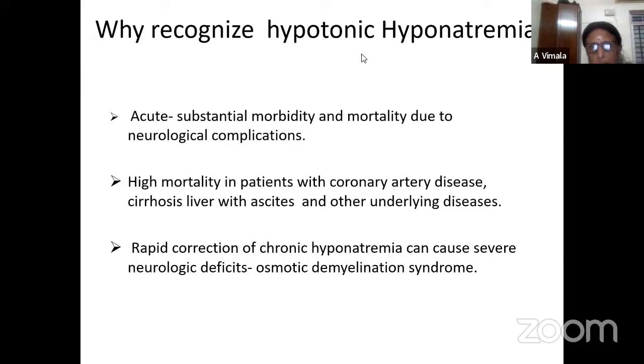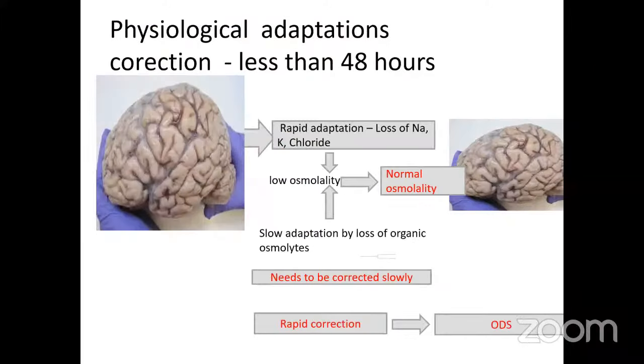We also know that if you are over-aggressive, very enthusiastic in correction of hyponatremia, it can produce what is called an osmotic demyelination syndrome. It can also result in a severe irreversible neurological deficit. What we should understand is undercorrected hypotonic hyponatremia is less dangerous to the patient.